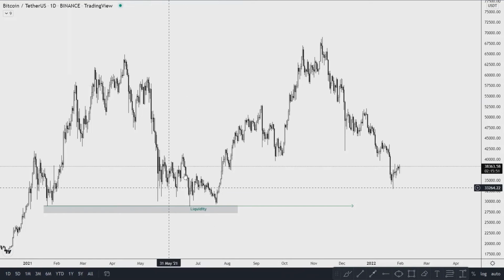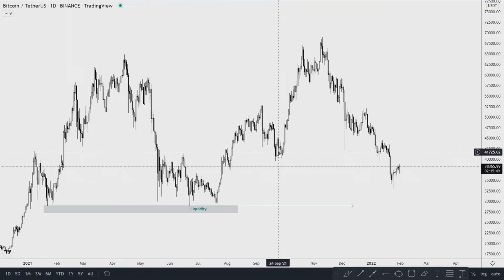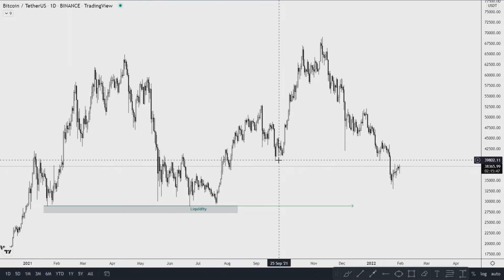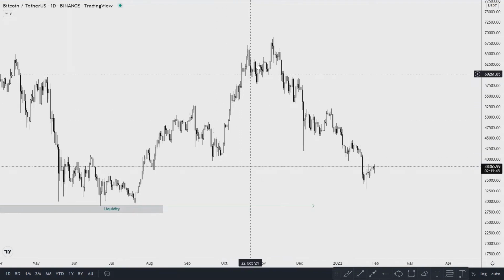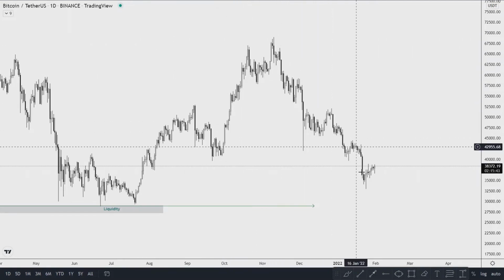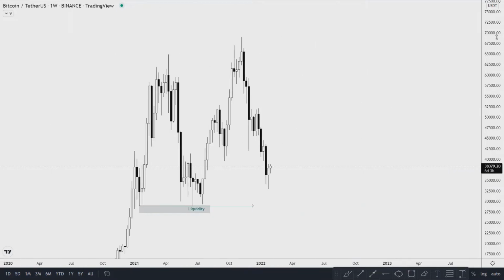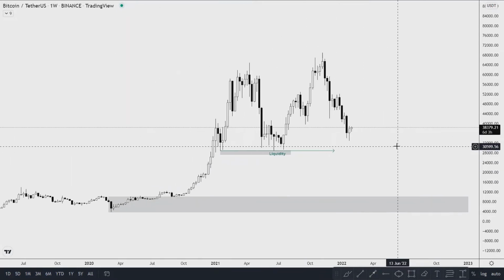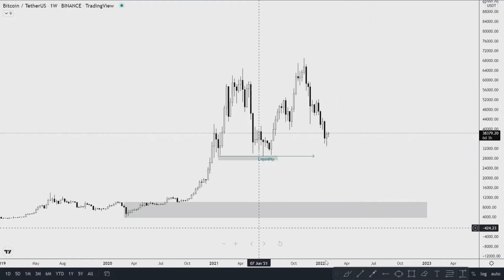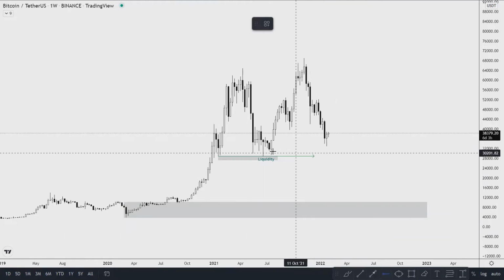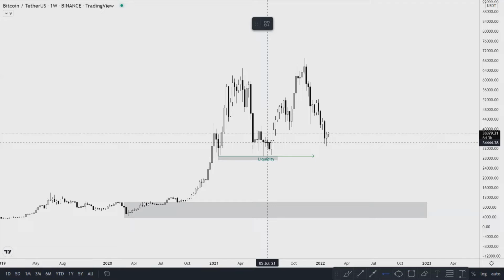Moving forward, nice. Look at that boom. Price comes down, comes back up. Now we're trading lower. So I'm going to go back to weekly just to analyze this better. So right now, seems like price is reacting off this price point.